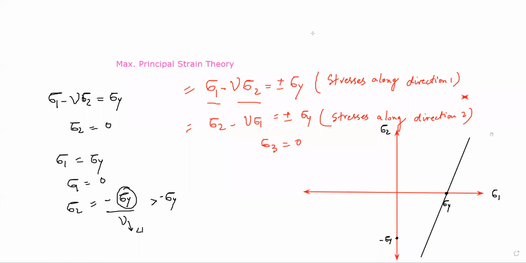Fine. So this is the line which is represented by sigma 1 minus nu sigma 2 is equal to sigma y.